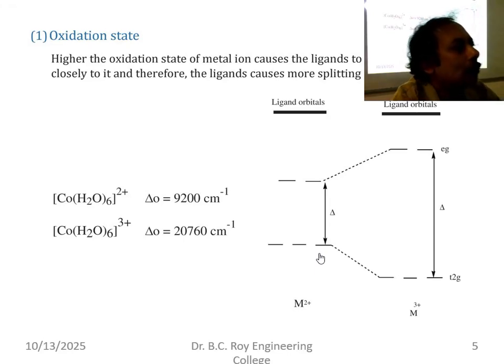I will tell you. What is a high spin and a low spin complex? If the splitting energy is high, that is when the field strength is high. That means the CFSE, the gap between the two levels, is high. So in that case, the electrons will try to pair up, meaning the maximum number of electrons will be filled at the bottom only.